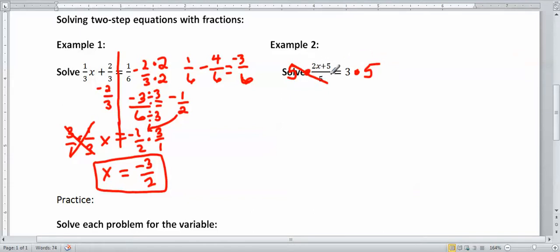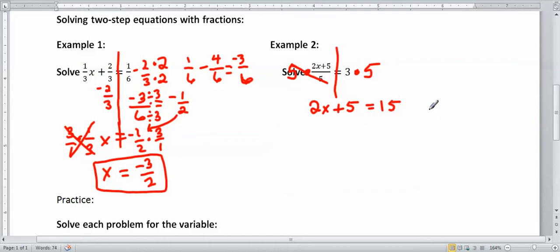Everything up top is left unaffected because this 5 being multiplied is immediately divided by this 5. So I'm going to rewrite everything on top as 2x plus 5, and then 3 times 5 on the other side, because whatever I do to one side, like a mirror, I have to do to the other. 3 times 5 is 15.